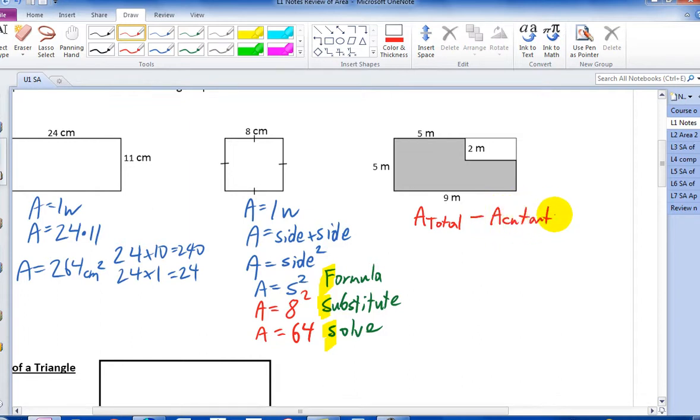Or you could find two small areas, area 1 and area 2, and then add them together. It's totally your choice how you're going to do that. I don't really care. Go ahead, find it.